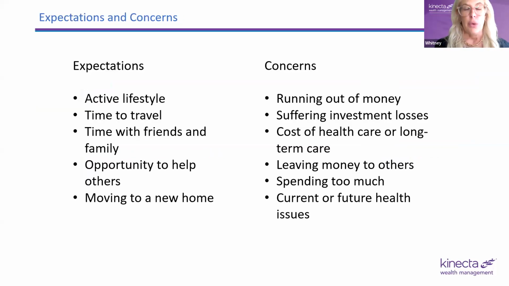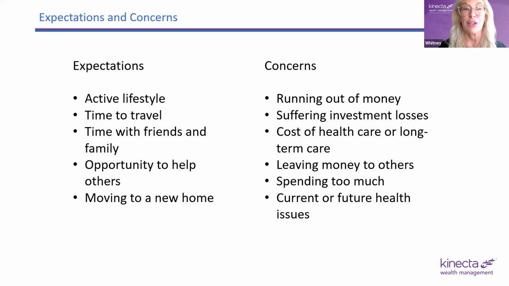During the planning process, we also want to get to know you better and have you think through what your expectations and concerns for retirement are. It's really fun when you have two spouses because they very much could have really different ideas about what they want to do in retirement.